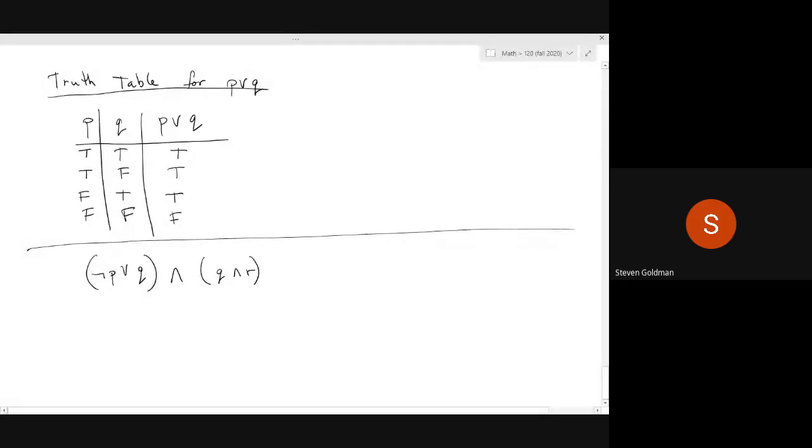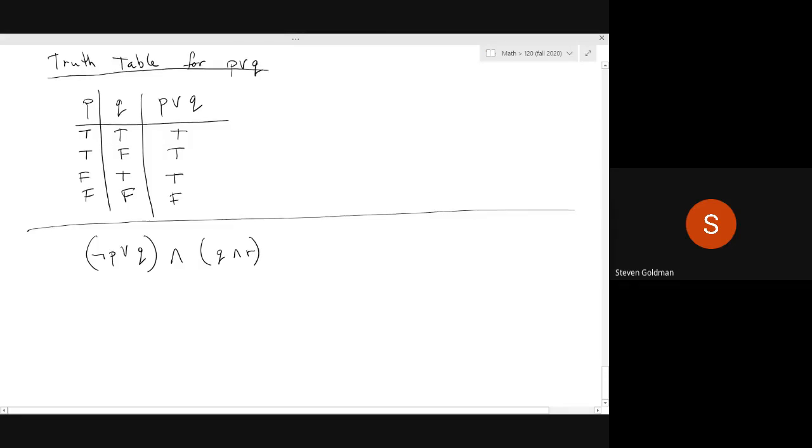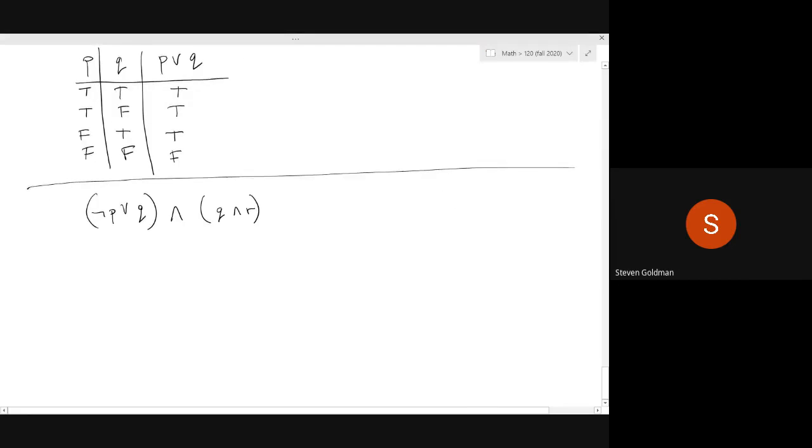You know, this would be a compound proposition that has negations, conjunctions, and disjunctions, and there's also 3 variables in here. There's a P, a Q, and an R, okay? And so that could be an example of a compound proposition, and then you can make as complicated a sentence as you want. Okay.